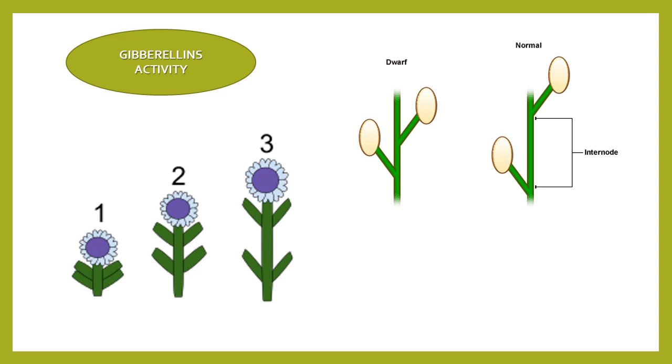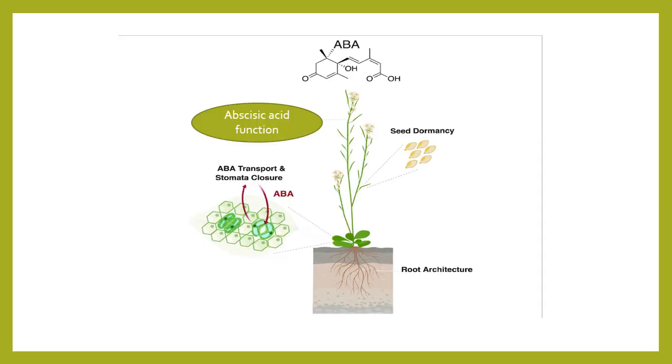First one, abscisic acid. What is its function? Whenever the environment is unfavorable, the seeds decide they will not germinate. So stomata closure and seed dormancy are functions of abscisic acid.